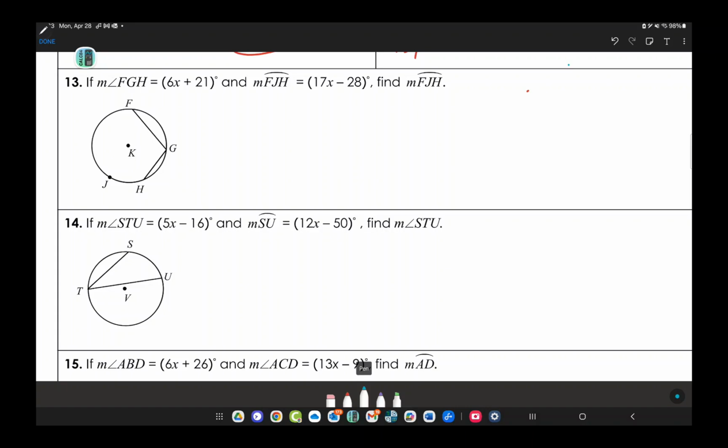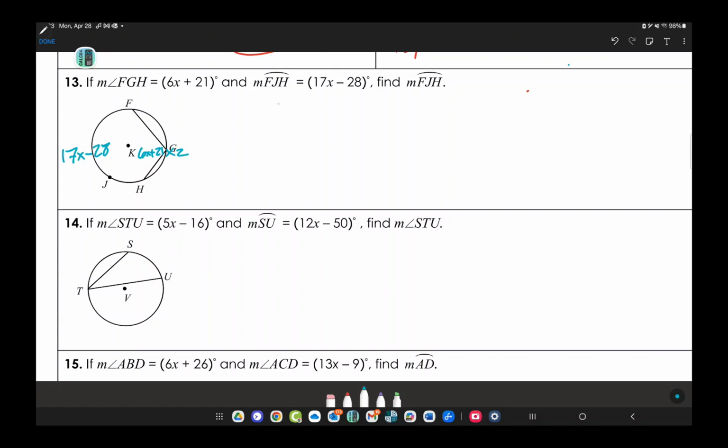If angle FGH is 6x plus 21, and FJH is 17x minus 28, find the measure of arc FJH. Now, in this case, again, we could halve the arc, but to be honest, because that's 17 there, I'm just going to double the angle.